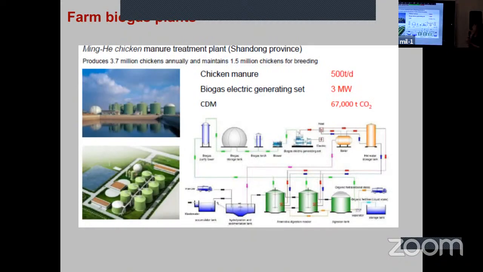At the opposite, they can have very big digester plants, which in this case treat 500 tons of chicken manure per day for the production of 3 megawatt hours.